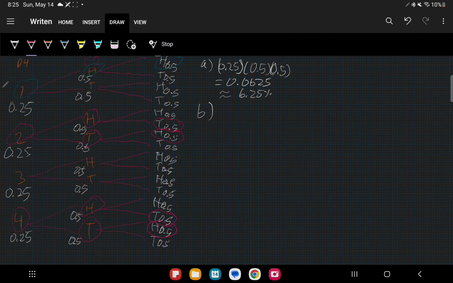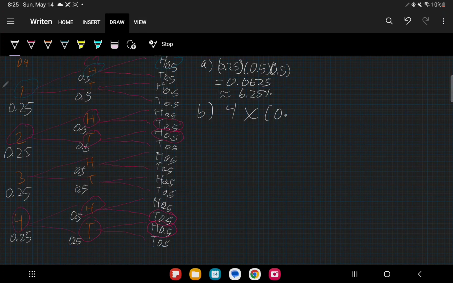Now, we're going to use a bit of a shortcut because since they all have the same probability of happening, we can just multiply. So we're going to end up with 1, 2, 3, 4. So we have 4 instances, circled at the very end. So I have 4 of them times the probability of one of them happening.